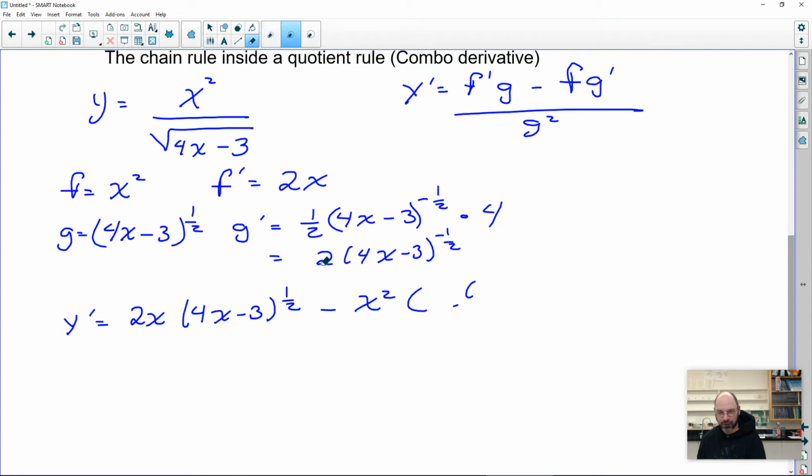I'm not looking all the way down here, sorry guys. Gotta look all the way down. It's 2 times 4x minus 3 to the negative 1/2.